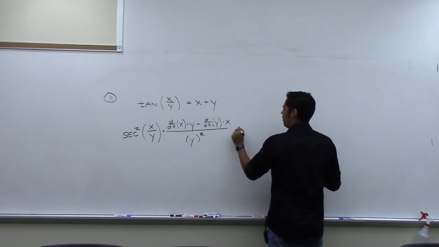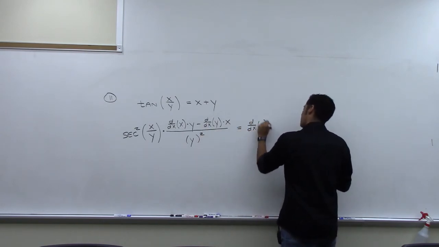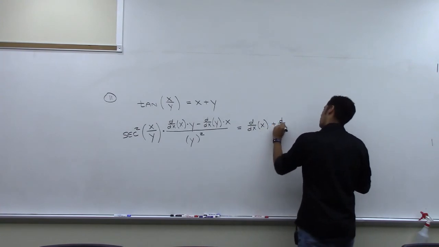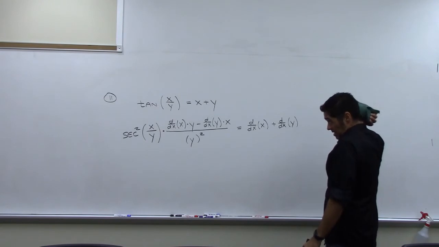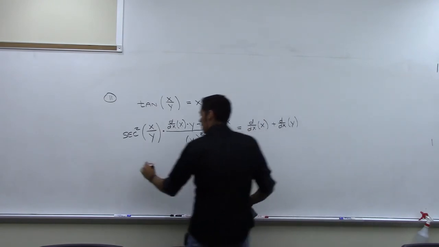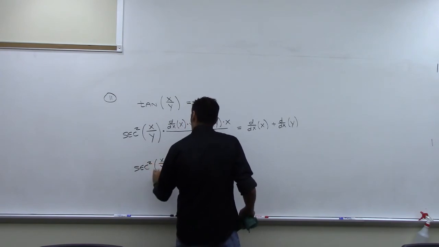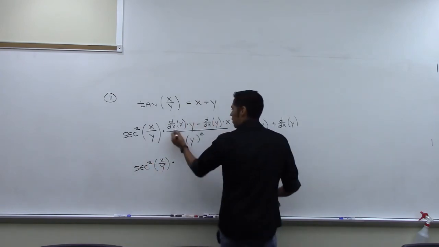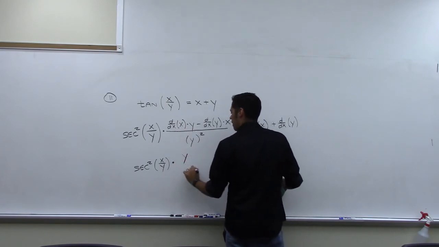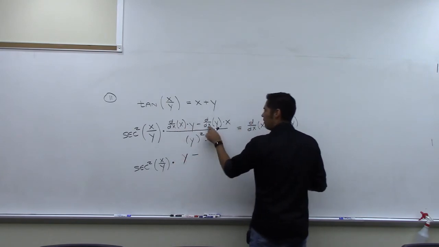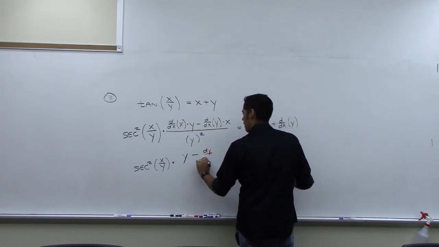That'll finish off the derivative of the left side. Derivative of the right side, since there's two terms, I'm just going to do derivative of each one separately. And now over here we have secant squared of x over y times, now the derivative of x with respect to x is just 1 times y, which is y, minus the derivative of y with respect to x, this is our dy dx.